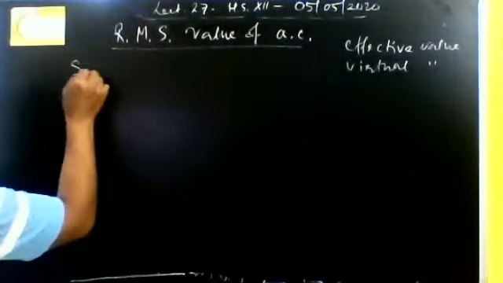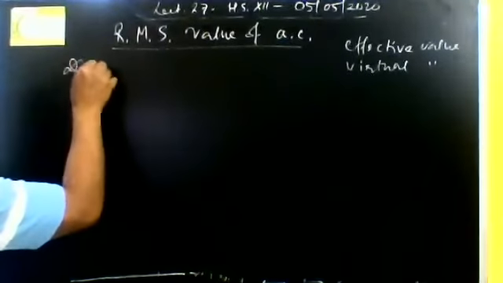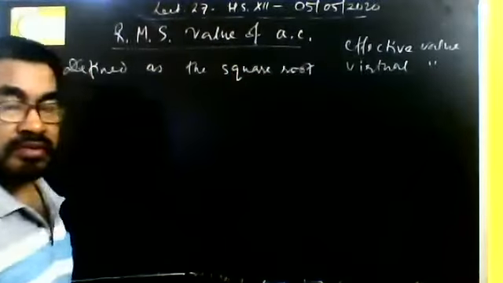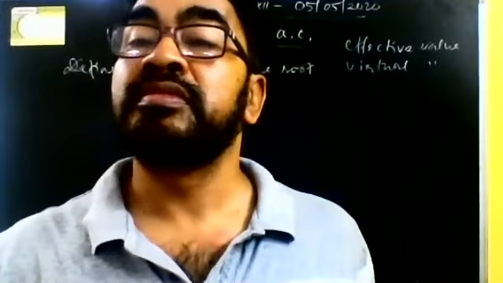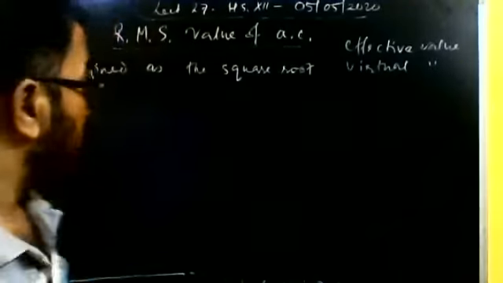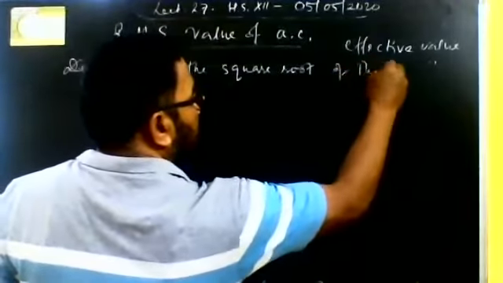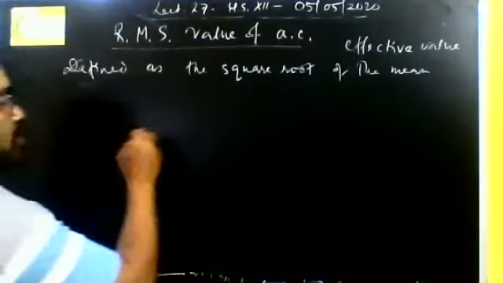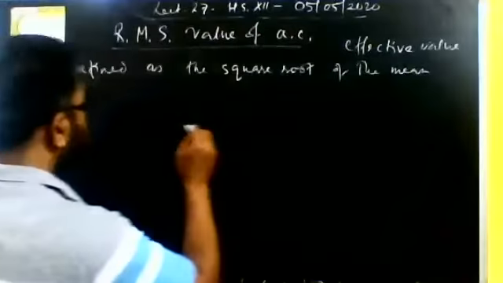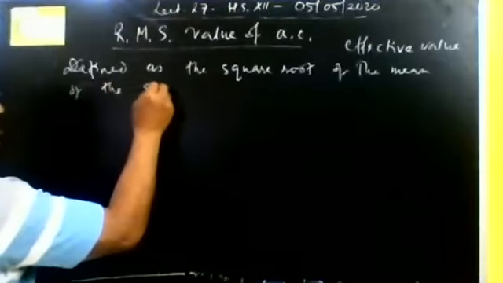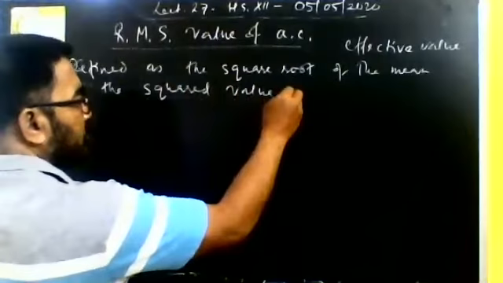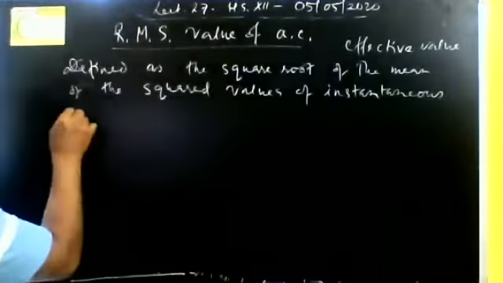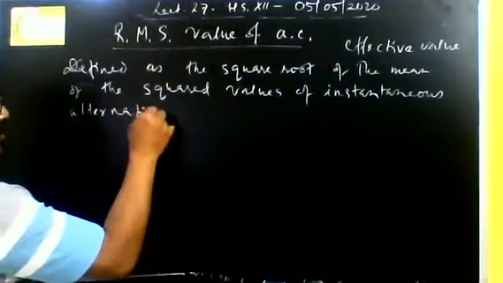It is defined as the square root of the mean of the square values of instantaneous alternating current.